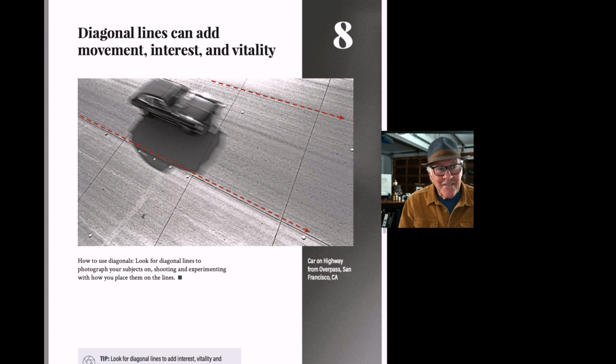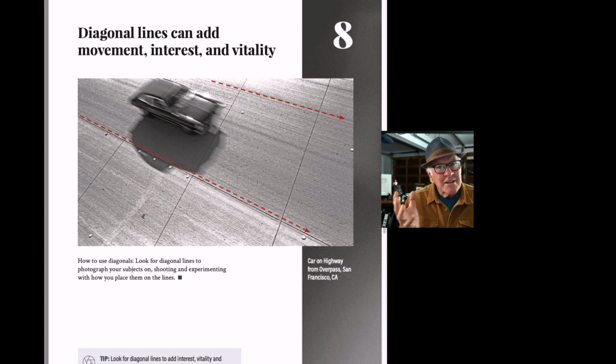They add that feeling, that vitality, because the game we're playing with photography is this. A photograph is two-dimensional, right? But we're trying to give it more than two dimensions. We're trying to give it some depth, some feeling, some motion or emotion, which go together, by the way.